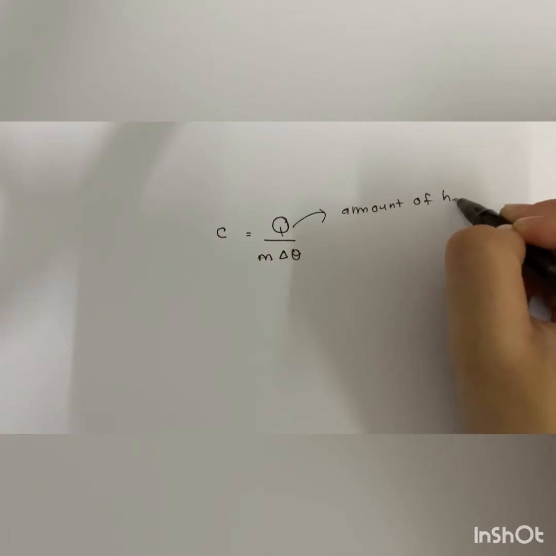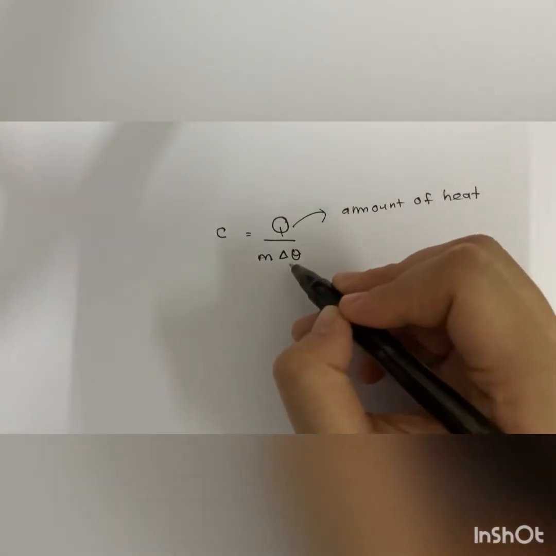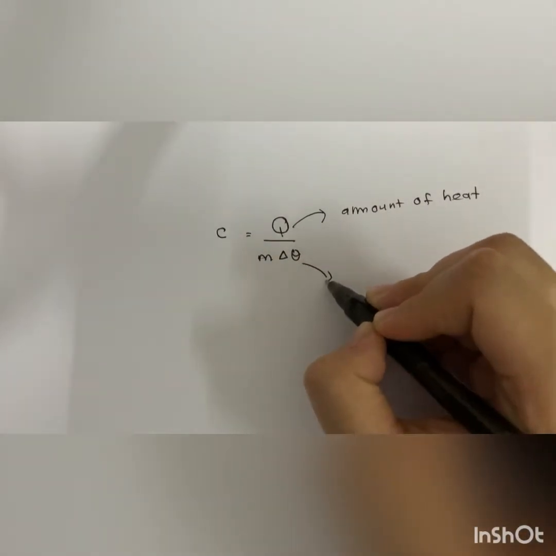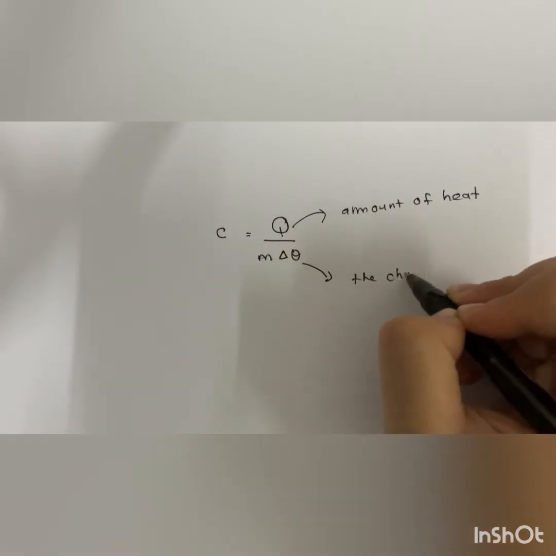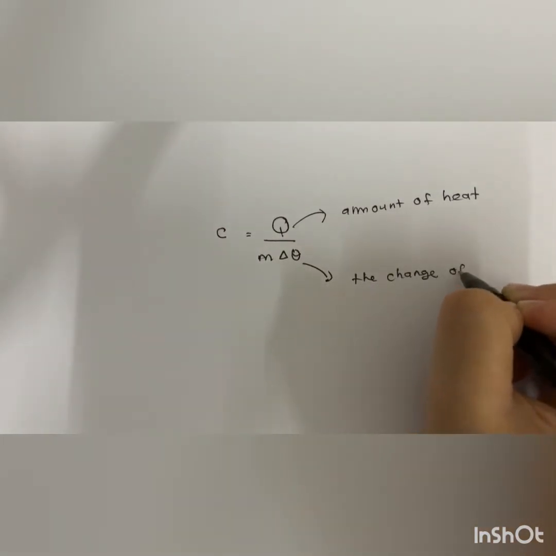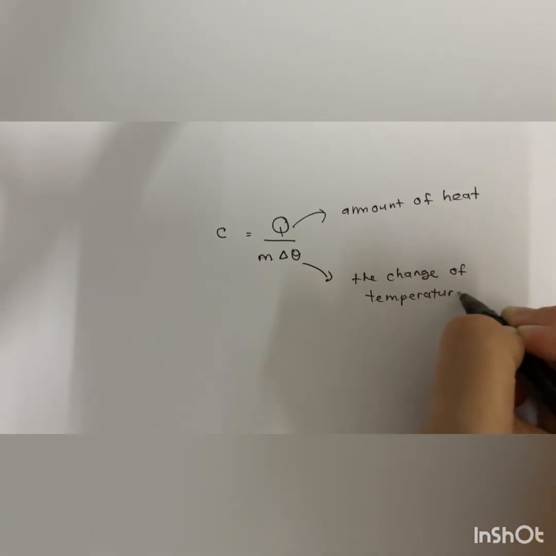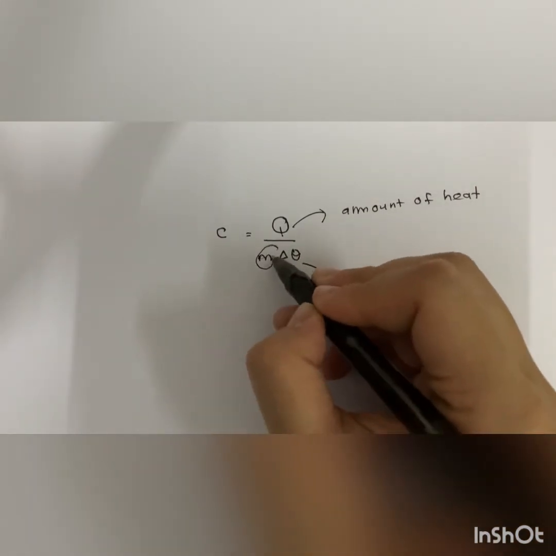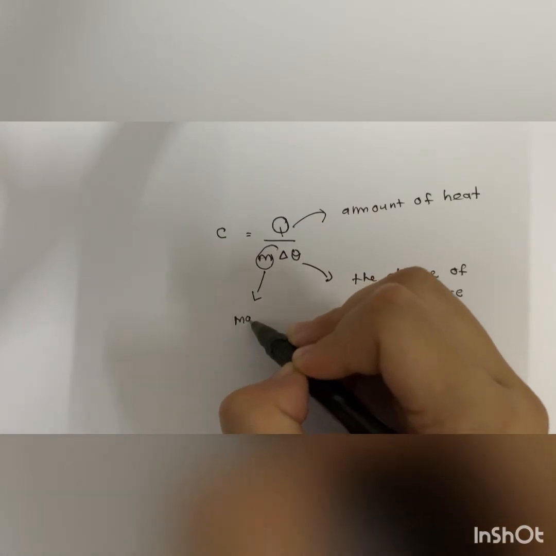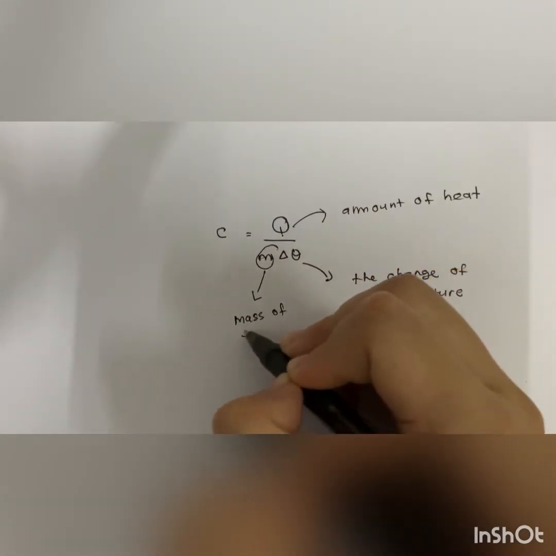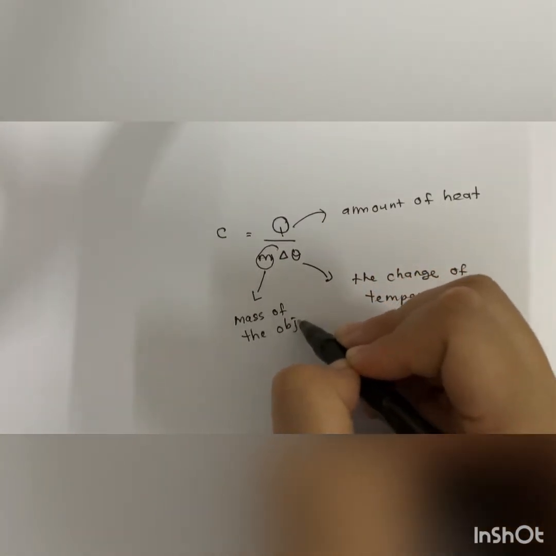Q is the amount of heat, delta theta is the change of temperature, and m is the mass of the object.